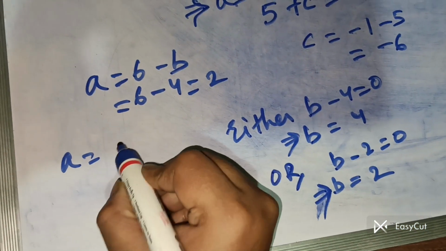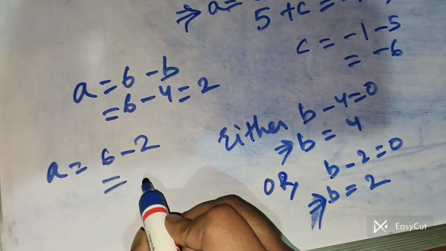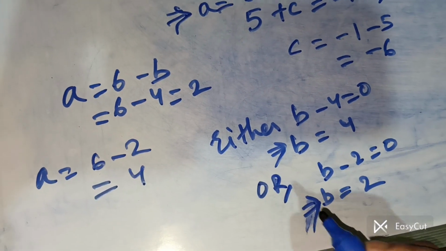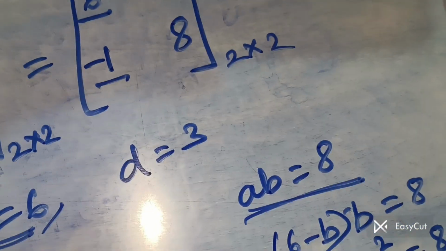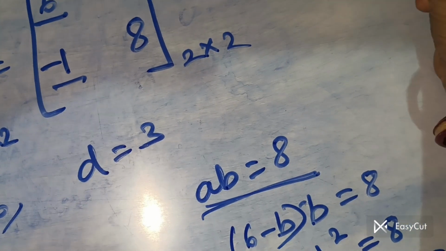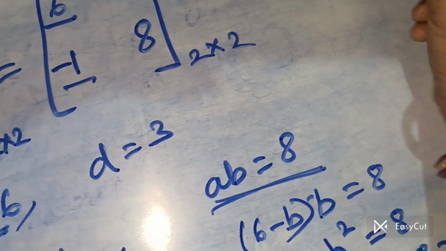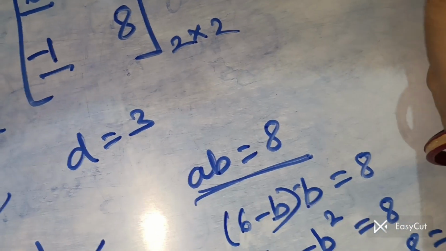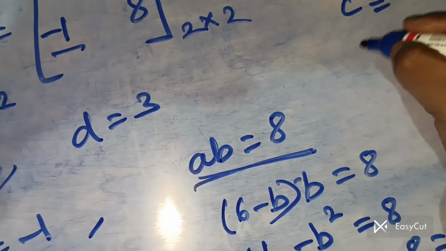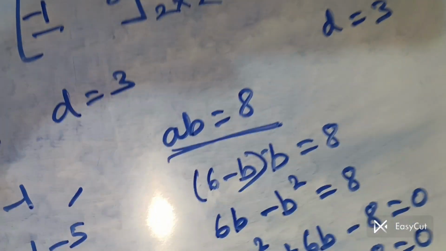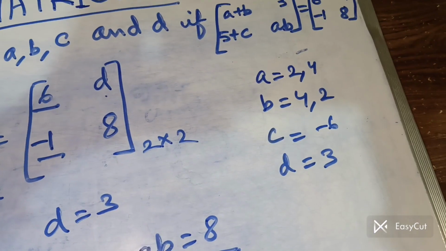Then it will be 6 minus 2, that will be equal to 4. So here we are seeing the answer. A has two values, either 2 or 4. B also has two values, 4 and 2. C has only one value, which we have already found, minus 6. D will be equal to 3.